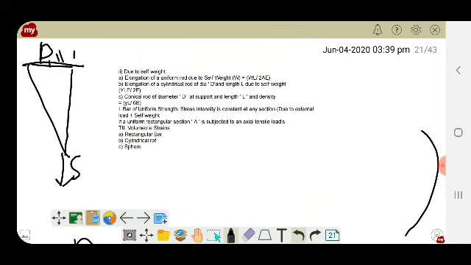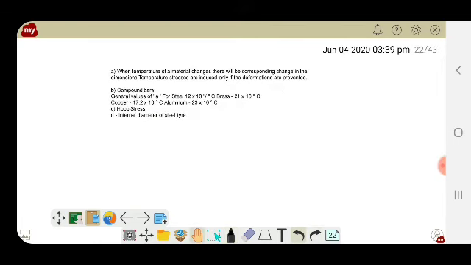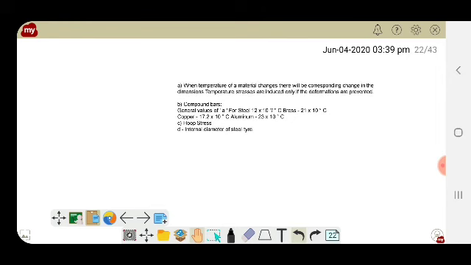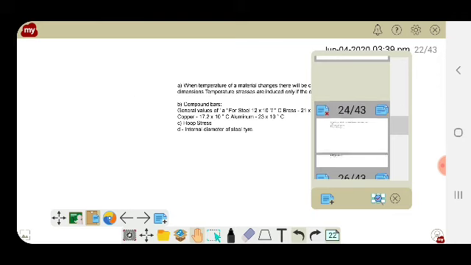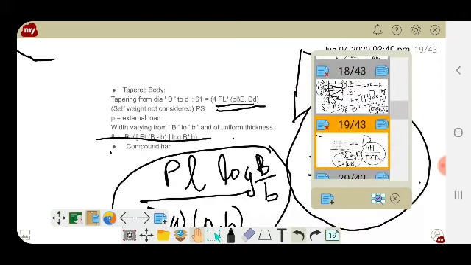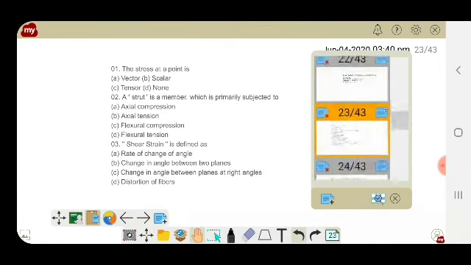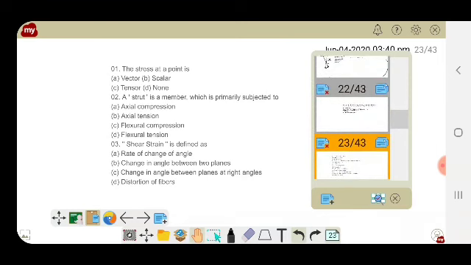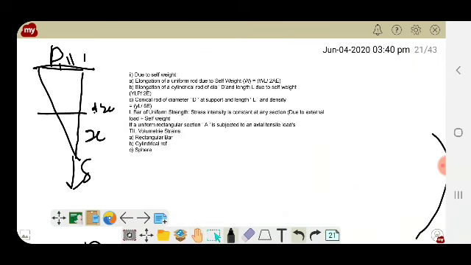What is the elongation delta at some section at a distance x, where we are considering length dx?